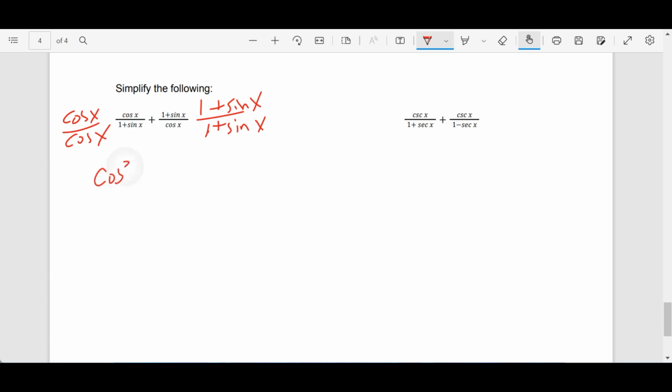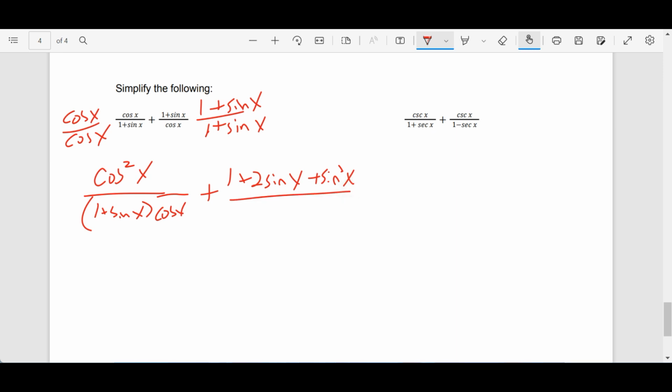That gives me cosine squared x over 1 plus sine x times cosine x, plus, FOIL the numerator, 1 plus 2 sine x plus sine squared x over 1 plus sine x times cosine x. Now, with a common denominator, we can add.